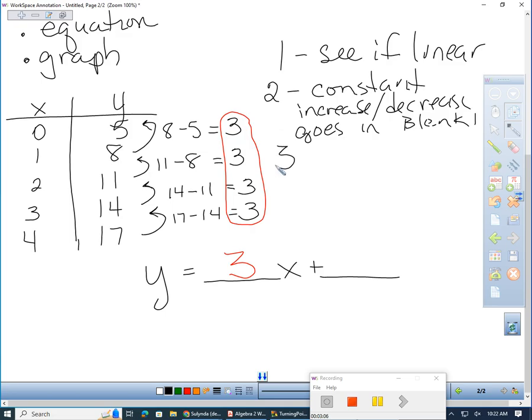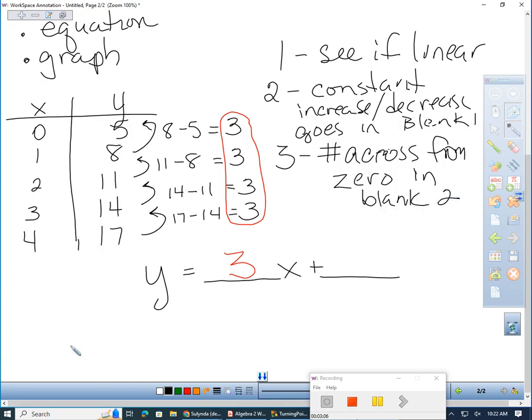Step number 3, the number across from 0 goes in blank 2. So the number across from 0 up here is 5. So that goes in blank number 2 over here.